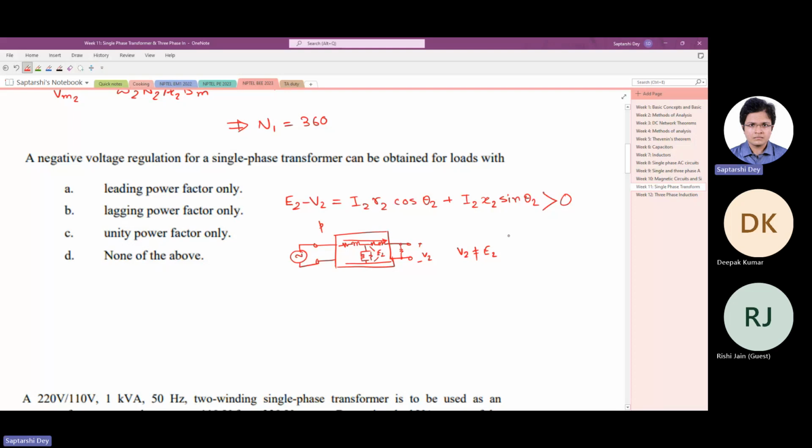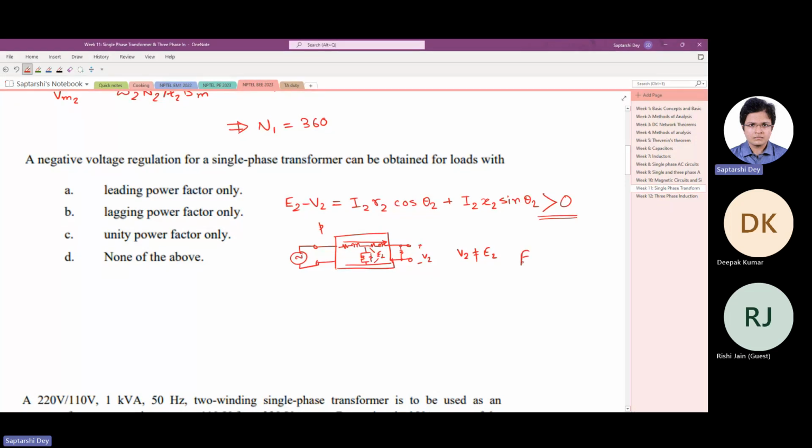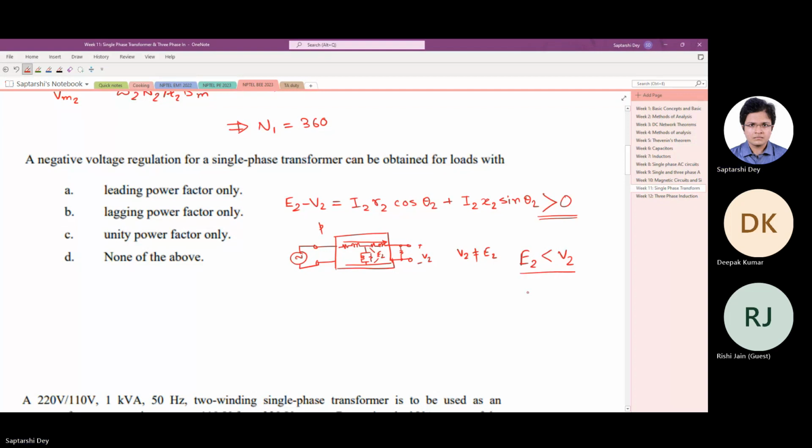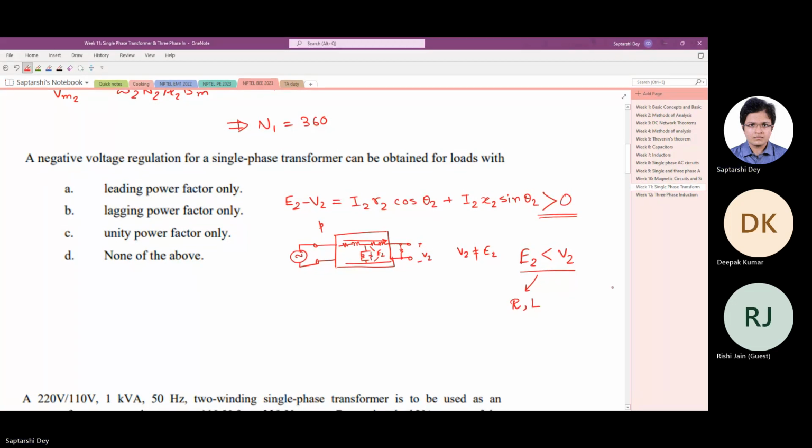So if the voltage regulation is positive, that means E2 is greater than V2, which means you load the transformer and the voltage drops. That is called a positive voltage regulation. This happens for R loads and L loads always.